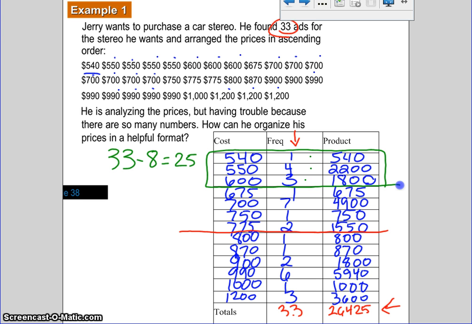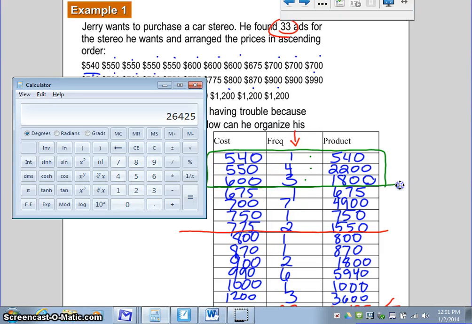I knew that the total was 26,425. And so now I'm going to take out, I've got 2,200 and 1,800 is 4,000. And then 540, so I've got 4,540 is what I'm going to take out. And so now my new value, let's calculate that on the calculator real quick.